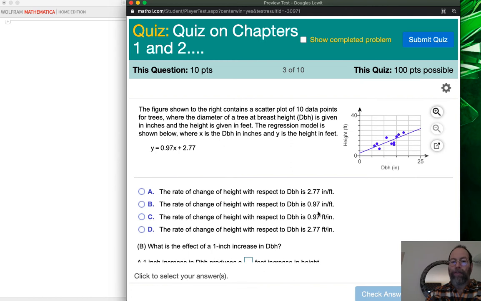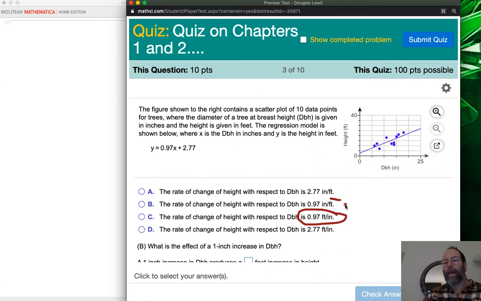The rate of change of height with respect to DBH, well, that's going to be the number in front of x. So it's 0.97 feet per inch.